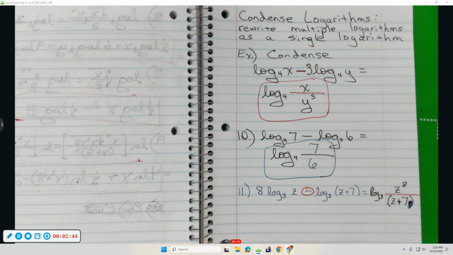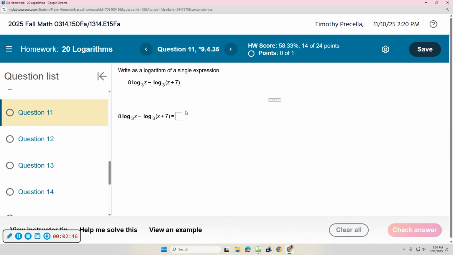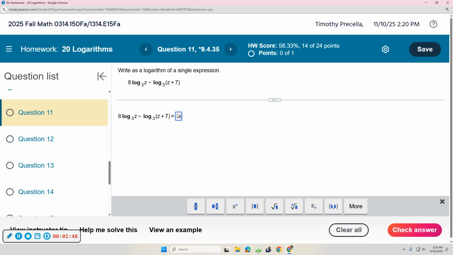So we come over. We type our log. How many of you have forgotten to put the base in? And remember, when you're typing it in, if you type it correctly, when you type that g, it's going to bold, indicating that the program knows you're typing a logarithmic expression.